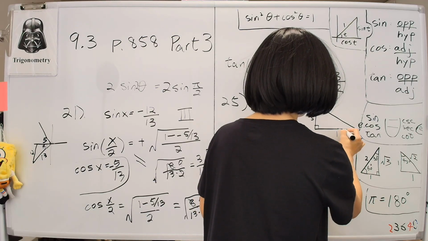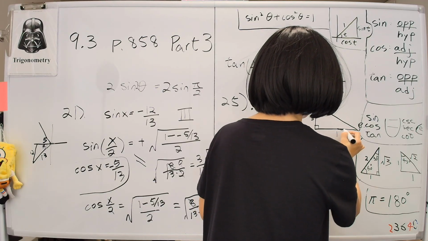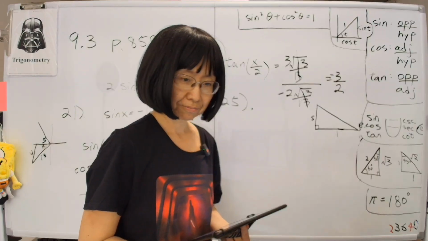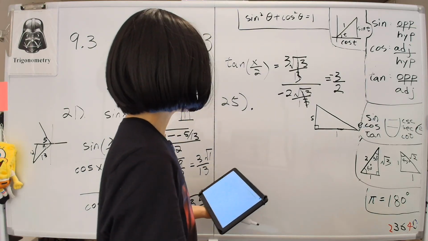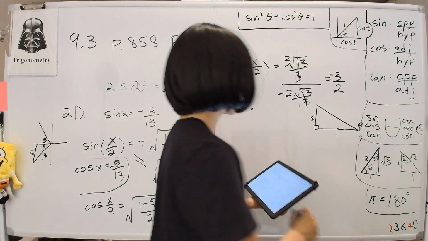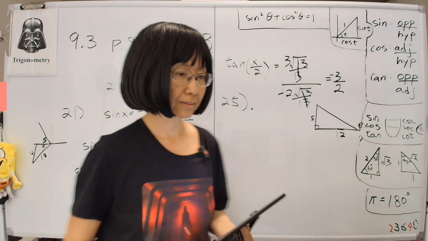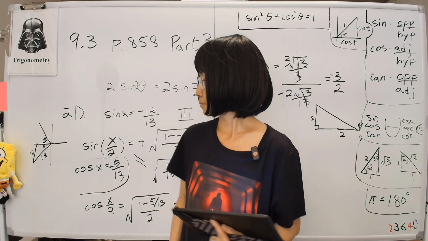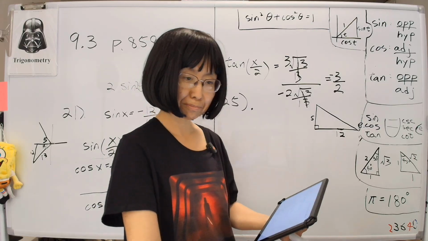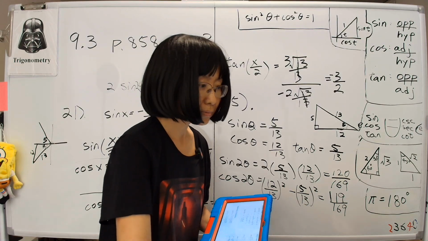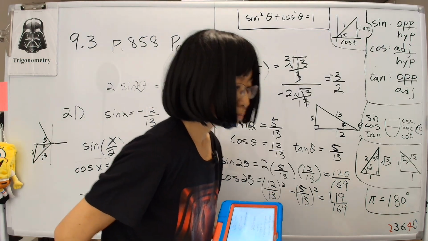No. 2 theta. Why is there a negative sign?